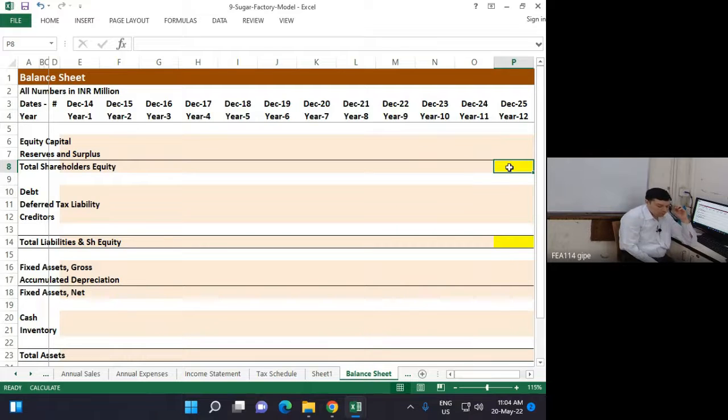We will assume zero dividend. Yes, everyone, students online. Tell me total shareholders equity for last year.